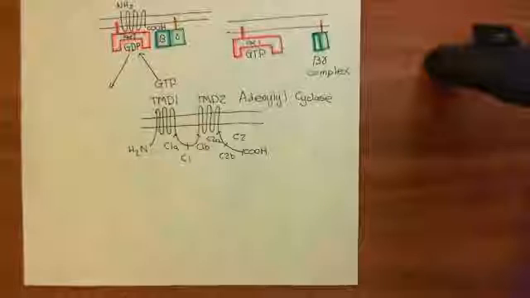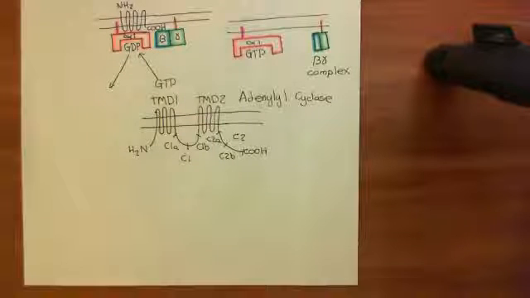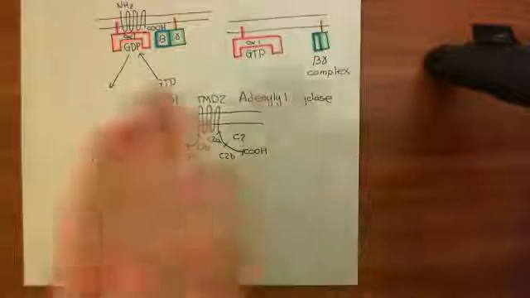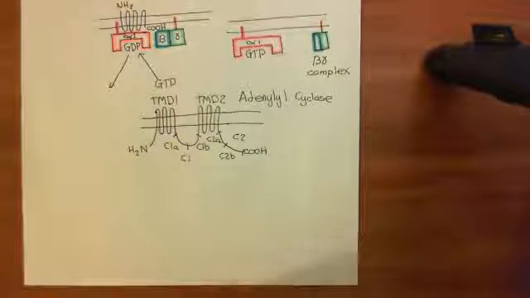Now, which portion of this enzyme is the actual active enzyme? What do adenylyl cyclases catalyze? They catalyze a reaction, which we'll go through in a moment, where ATP is turned into cyclic AMP and pyrophosphate. For now, if you don't know what that means, just know that they catalyze some reaction. Where is the actual active site? In this picture, it isn't built yet.